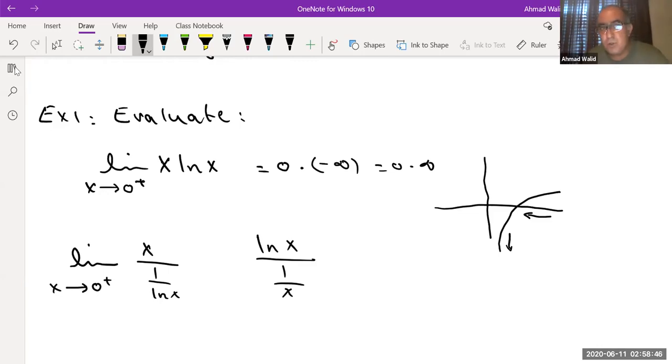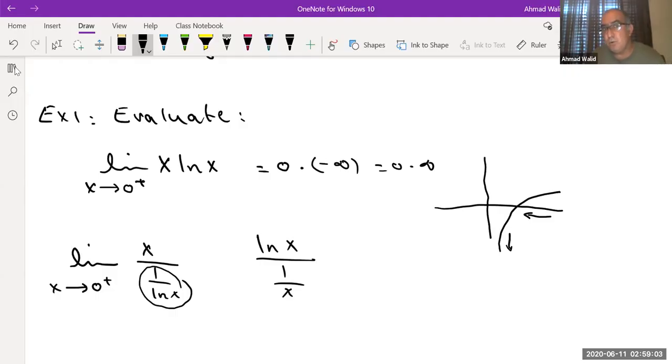If you write x over 1 over ln x, finding the derivative of 1 over ln x is not that easy, right? But the derivative of x is easy.